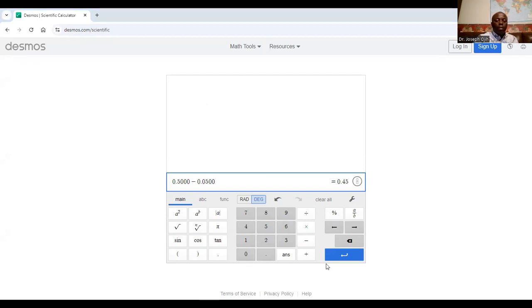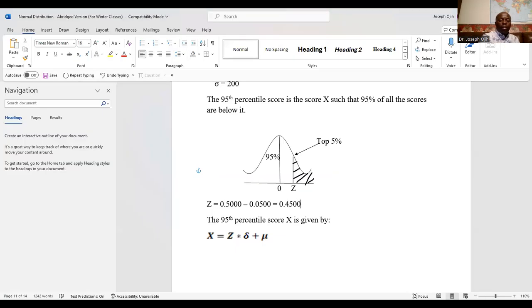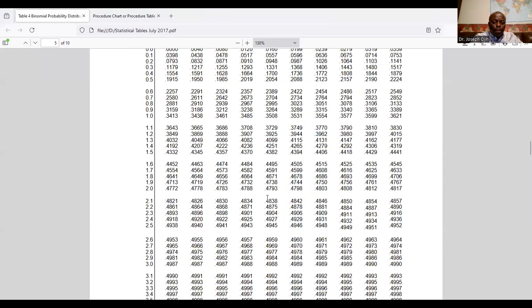Now we look in the table for the Z value that corresponds to 0.4500. I saw two of them, 4495 and 4505. Let's see which of them is closest.